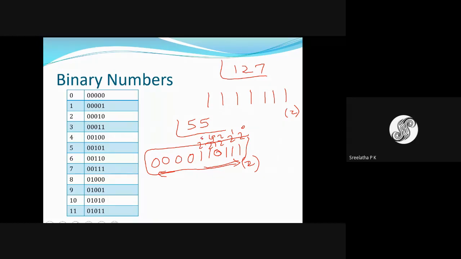Find these values and you will get the decimal value. So 1 into 2 power 5 plus 1 into 2 power 4 and so on. Solve this expression, and you will get the decimal value from this binary bit pattern.